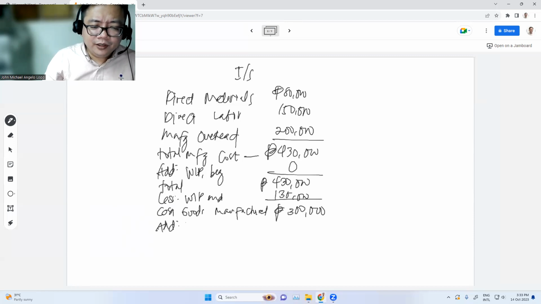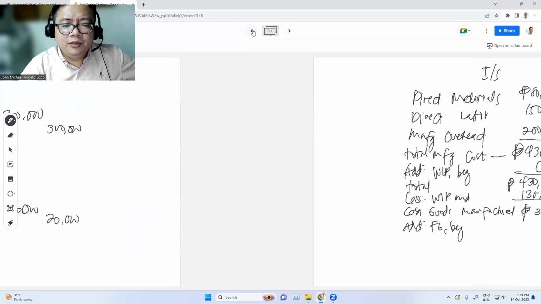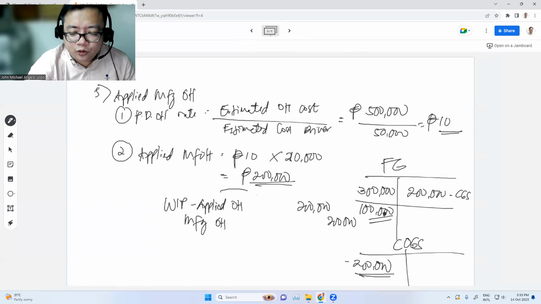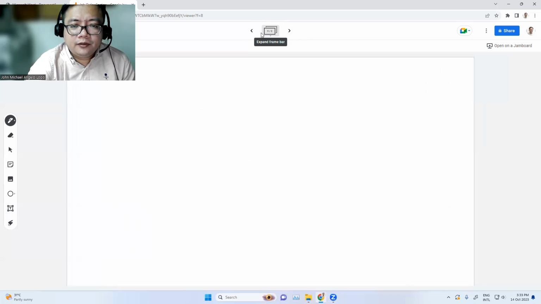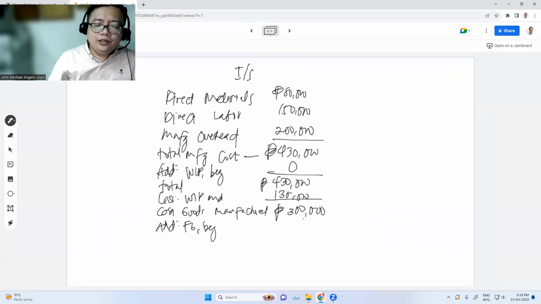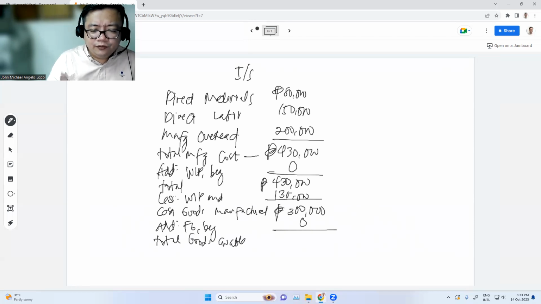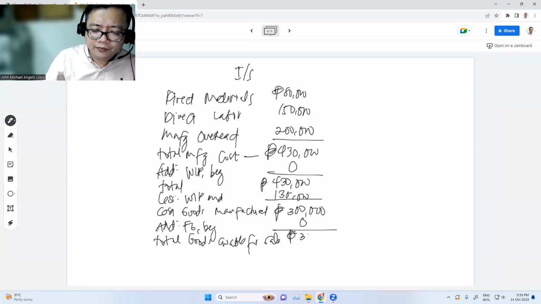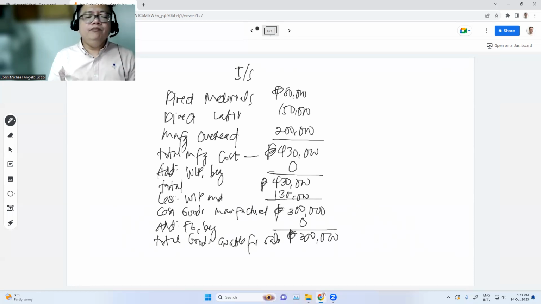Then, you add our finished goods beginning. Meron ba tayong finished goods beginning? I think wala. So you have total goods available for sale. 300 plus 0, so you have 300,000.